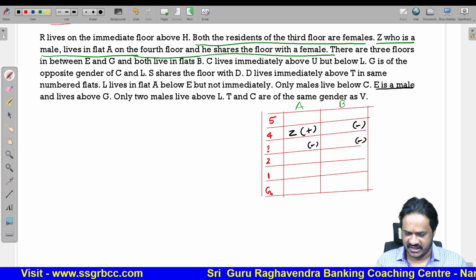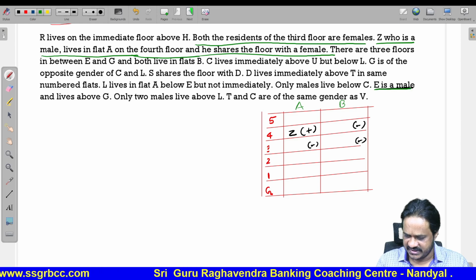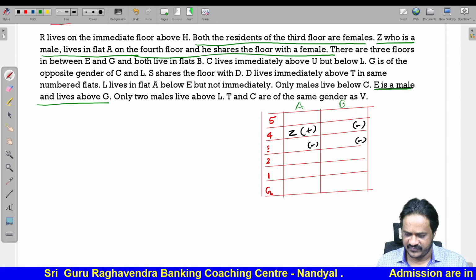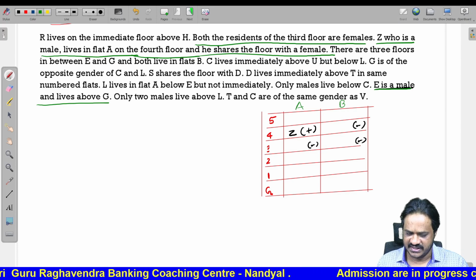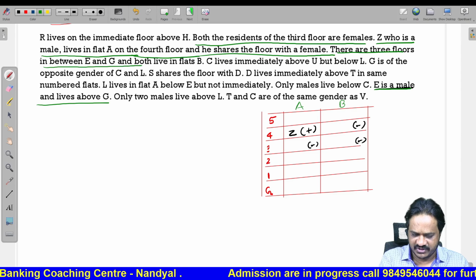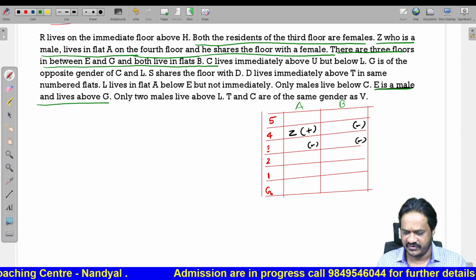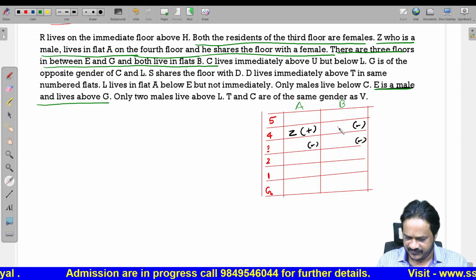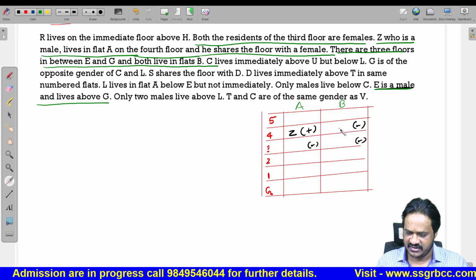E is a male and living above G. There are 3 floors in between E and G and both live in flat B. Since E is a male, you can't take E here.